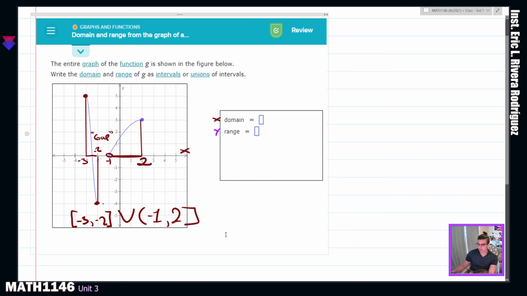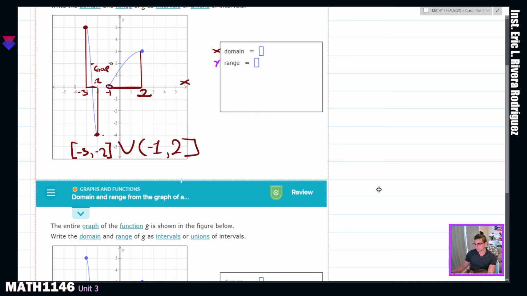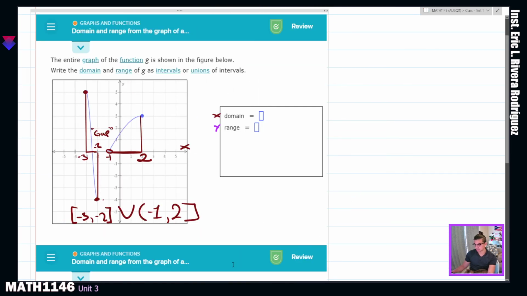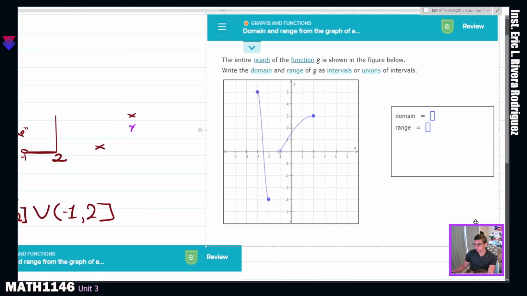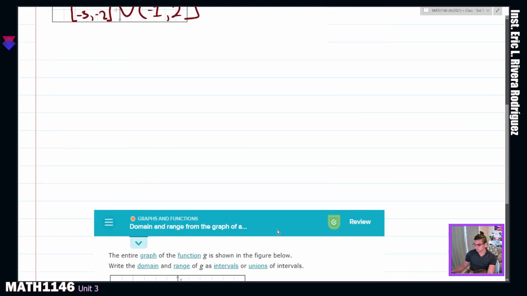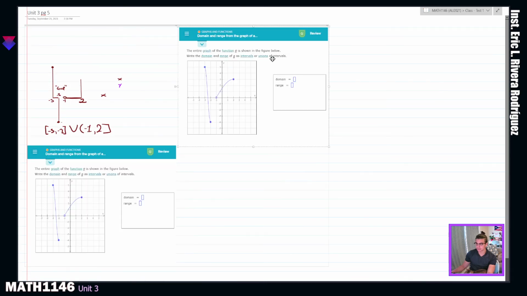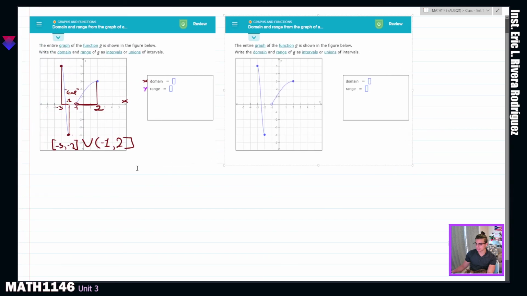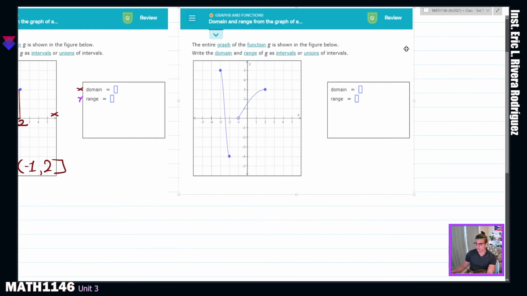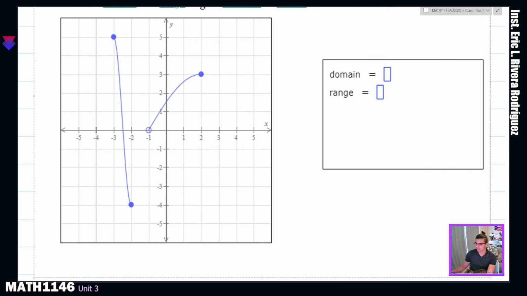Now let's focus on the range. The weird thing here for the range is that we are used to reading from left to right, right?